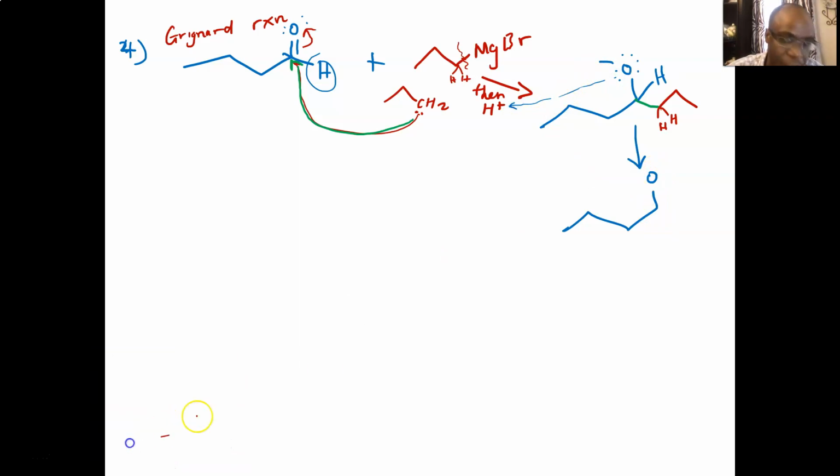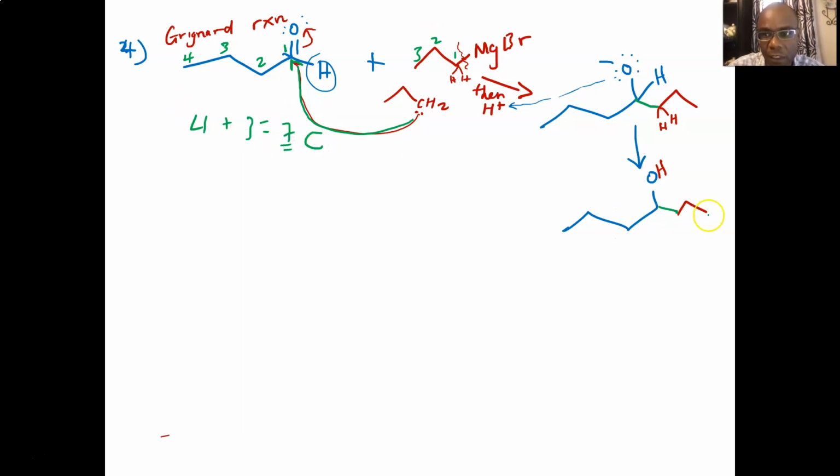So Grignard reactions always convert the carbonyl to an alcohol. The trick here is to make sure that you have the same number of carbons total. So here you have 4 carbons, here you have 3 carbons, so 4 plus 3 equals 7 carbons.